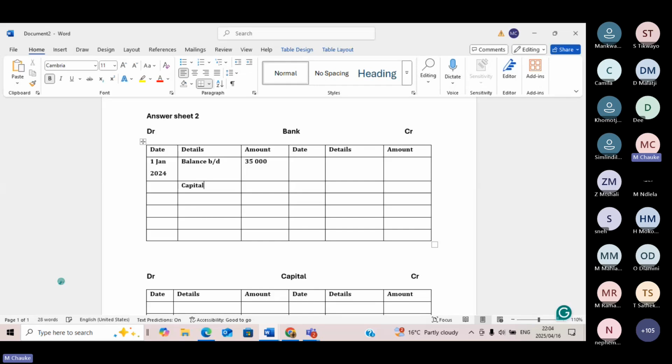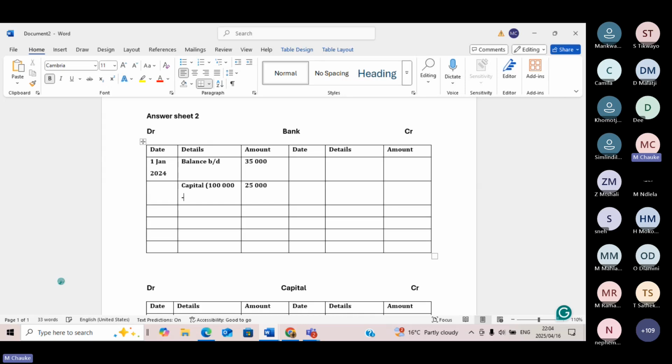This 25,000, we got it by, it's not necessary to do this calculation, but if you feel like you can, you can do 100,000 less 75,000. That's how we got the 25,000, because the owner has increased from 75,000 to 100,000.